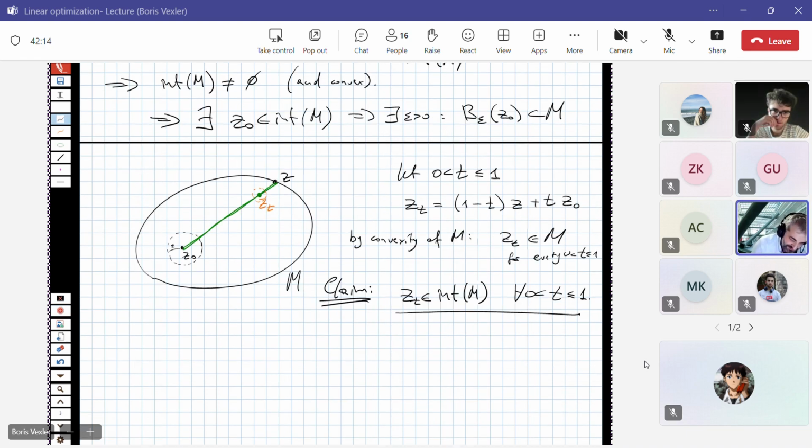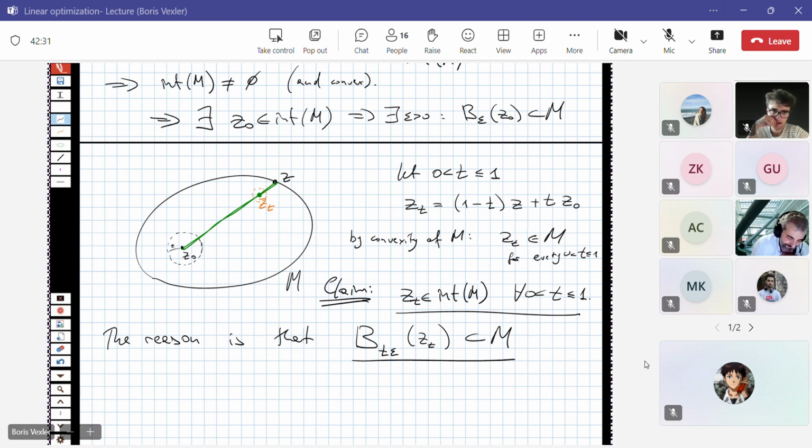The reason is that if you take a ball with radius T epsilon of ZT, it will be in M. Let us check this. This is more or less my claim: if I take a ball around this ZT of radius T times epsilon, which is of course positive, this will be a subset of M.